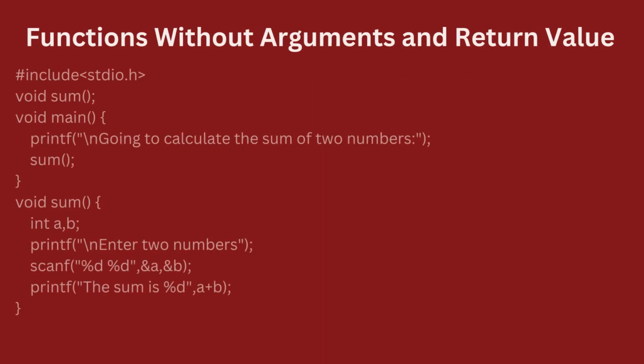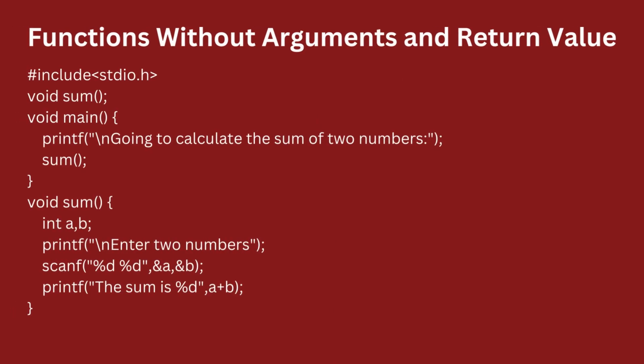So the first way through which we can apply our function in a program is a function without argument and return value. As we know, the first line of a C program is the header files. Whatever library function we want to use, we need to add that header file at the topmost.